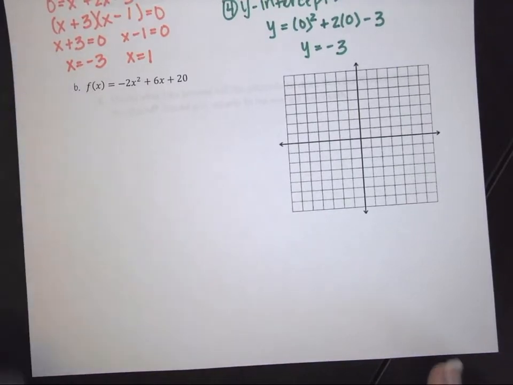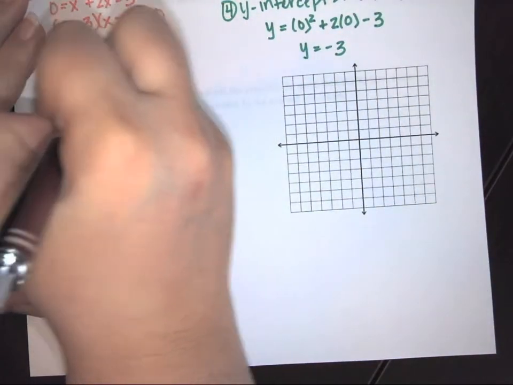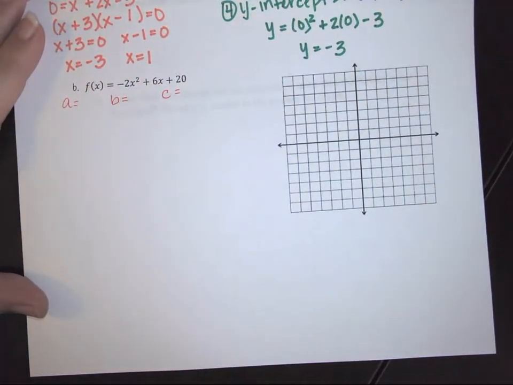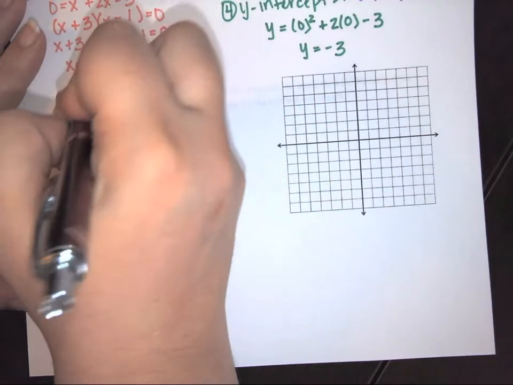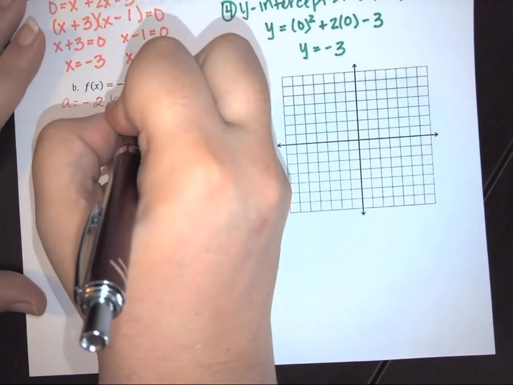And so here, notice my a term is negative. So again, I can look at A, B, and C. My a term is a negative 2. My b term is 6.